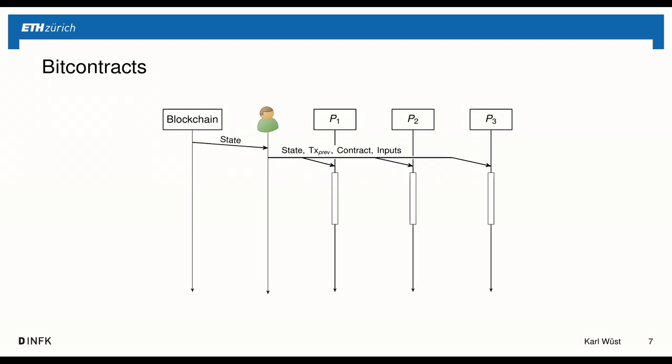After this execution, they then individually but deterministically create a raw transaction that contains state changes resulting from this execution, and that also performs any money transfers that were initiated by the execution. This raw transaction TX, which will be the same at all of the service providers, is then signed by all of these service providers individually, and they send the signature together with the raw transaction to Bob.